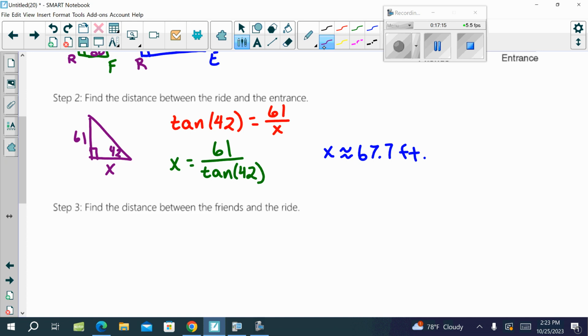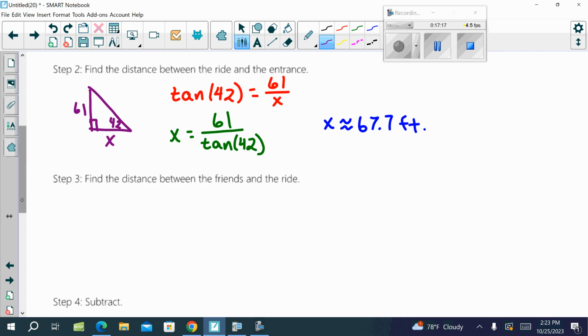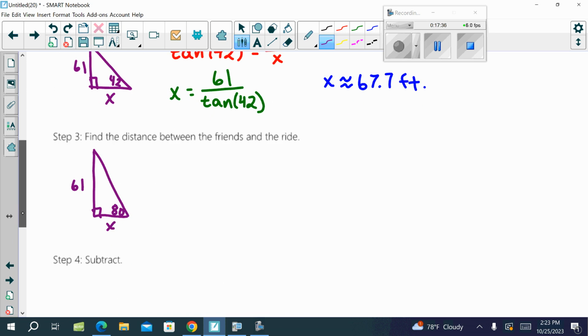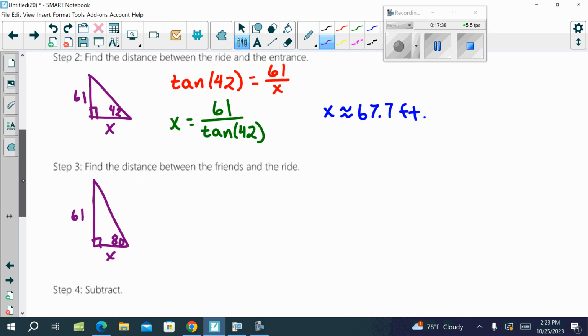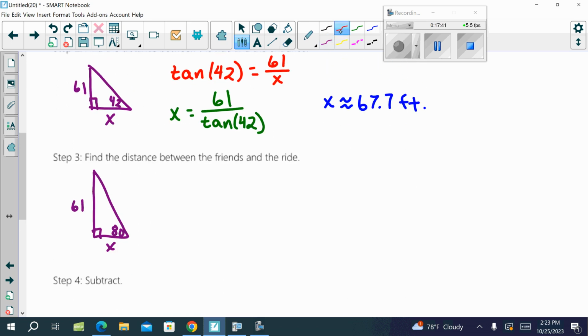All right, next. It says find the distance between the friends and the ride. So which triangle is that? The small one, little skinny guy. So if we redraw that one, that's 61 and 80 degrees, correct? And then where does our x go? Bottom. So what are we going to do here? The same exact problem, right? Except we're changing the what? The degrees.